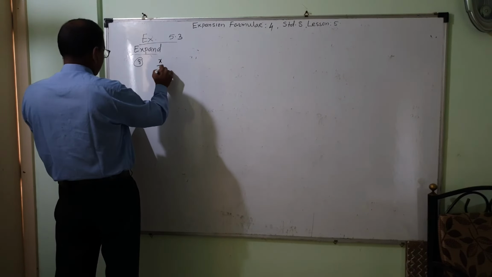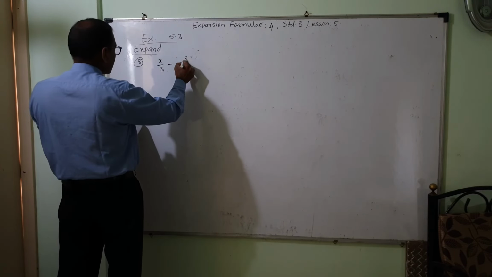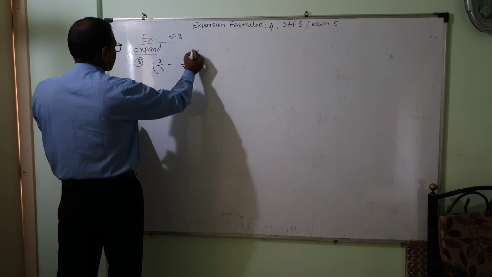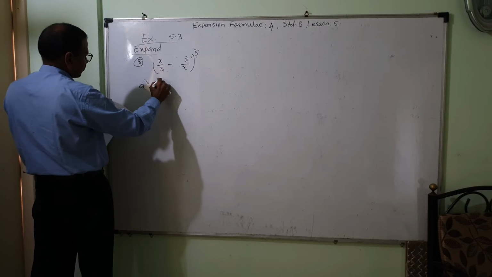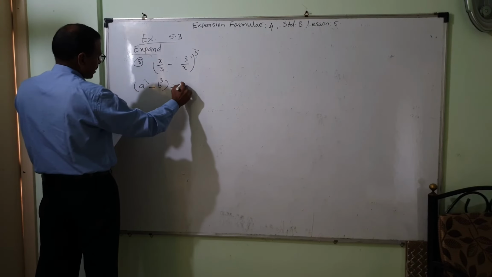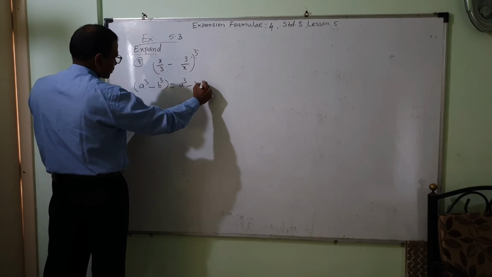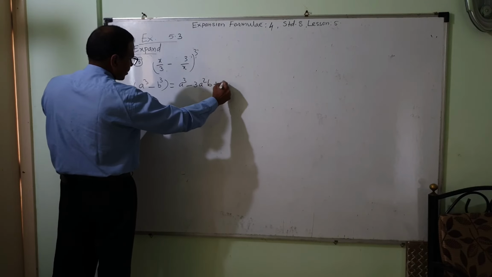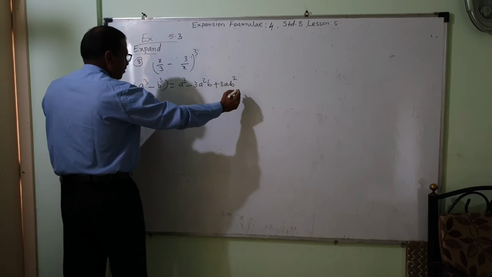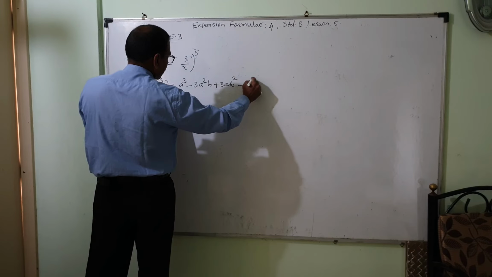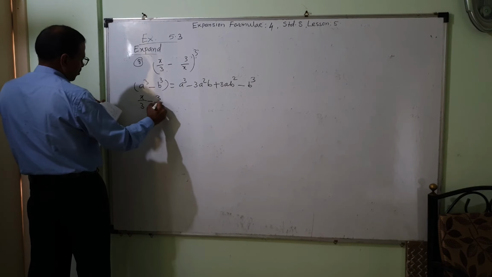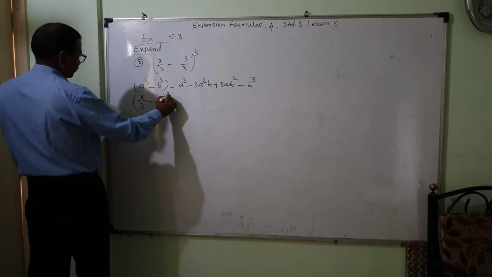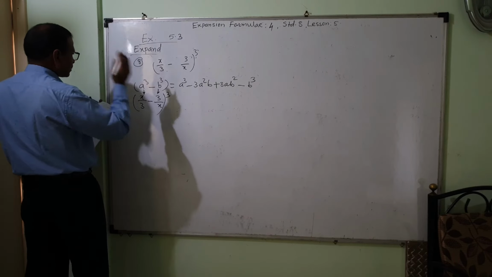(x/3 − 3/x)³. (a − b)³ is equal to a³ − 3a²b + 3ab² − b³. So this is (x/3 − 3/x)³.